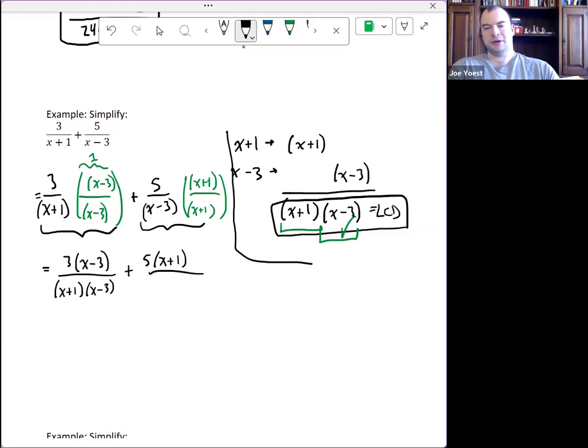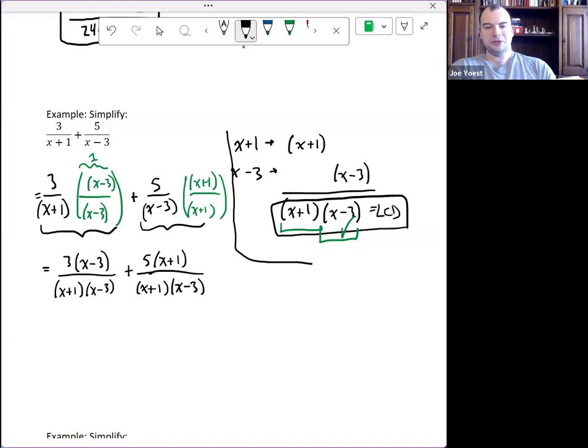I'm being careful with my parentheses here, so I don't have 5x plus 1. I have 5 times parentheses x plus 1. Just be careful with that. We might need a distributive property to come into play. Then I have x minus 3 times x plus 1, but I know multiplication is commutative, so I can just choose to write that as x plus 1 times x minus 3 to make it look like the previous one.